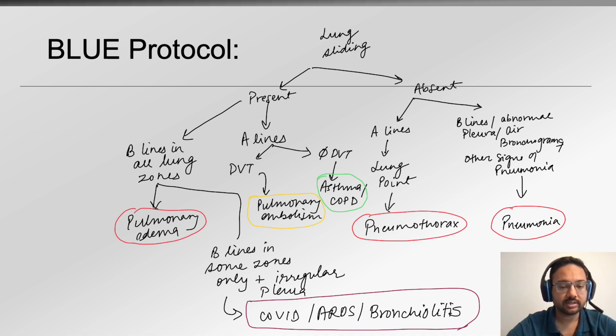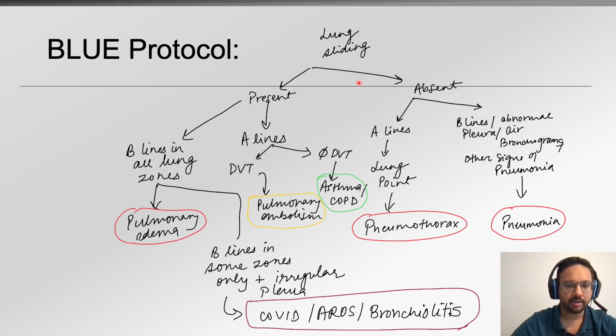This has been described in the literature as the Blue Protocol, and I've tried to simplify the Blue Protocol in my own way. In the beginning, when I'm looking through my pictures, I try to scan all areas of the lung systematically and put them together and look at them carefully.